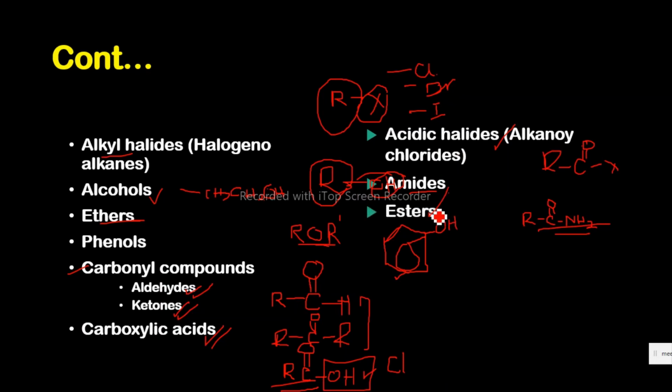Then we shall have esters, and esters are also derivatives, okay, of carbonyl compounds, where the alcohol from a... did I say derivatives of carbonyl compounds? That is just a mistake. They are derivatives of carboxylic acids. It was a slip of the tongue. So in carboxylic acids, the OH in carboxylic acid joins another alcohol.